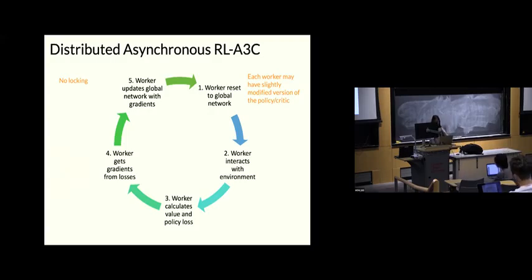So as we said, there is this global network with the parameters for the actor and the critic, and every worker will be resetting to that global network. Then the workers will be interacting with the environments, collecting the values and the policy loss, and then each worker will compute the gradient and go and update the global network with the gradients it computed.